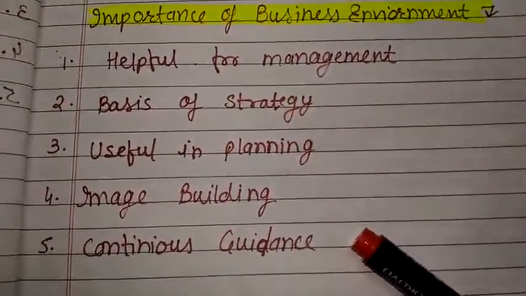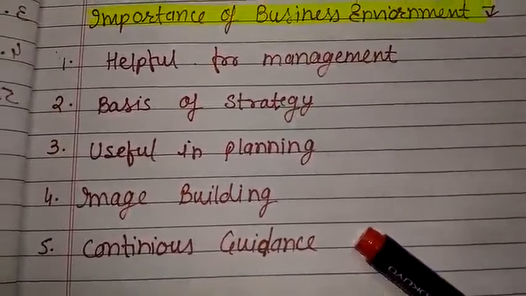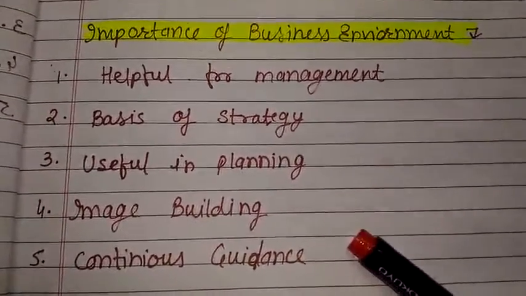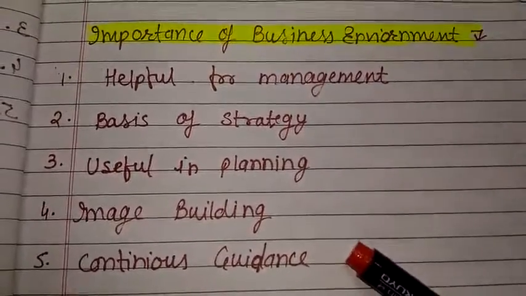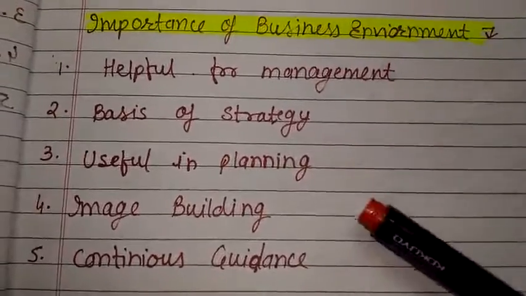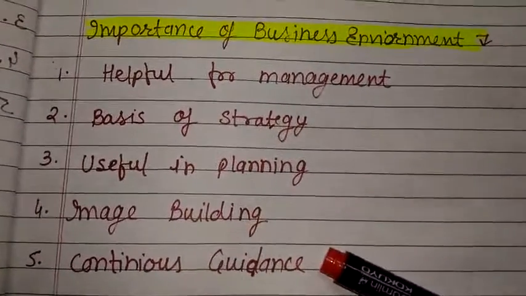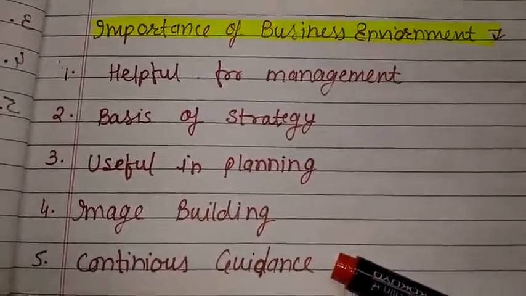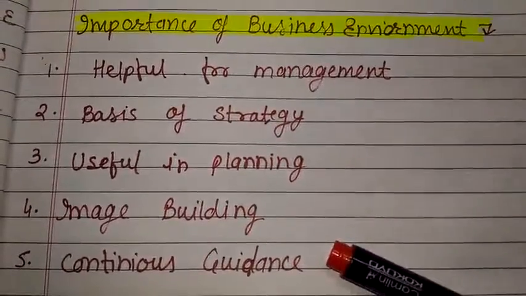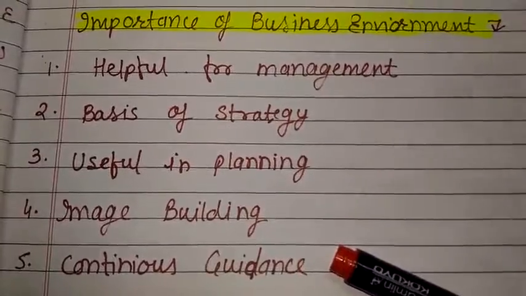Means our decisions get guidance as to which type of activity and which decisions should be taken. So it can be said that this study gives us guidance in decision making, policy making, making rules, taking steps, etc.